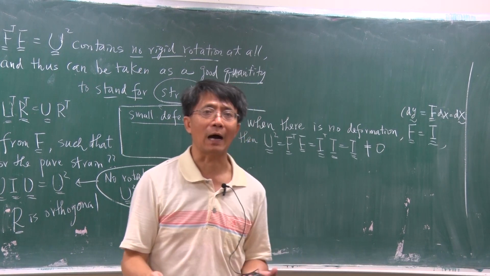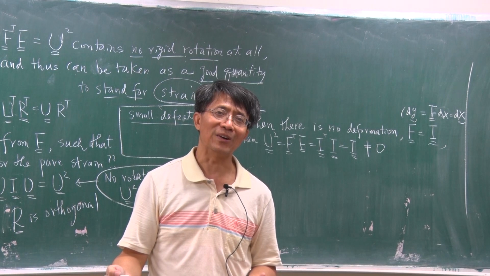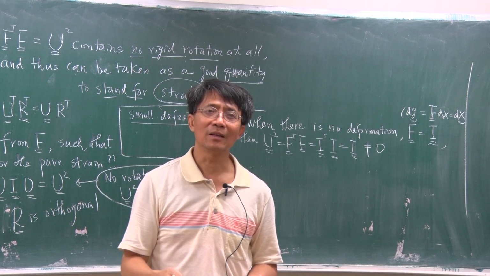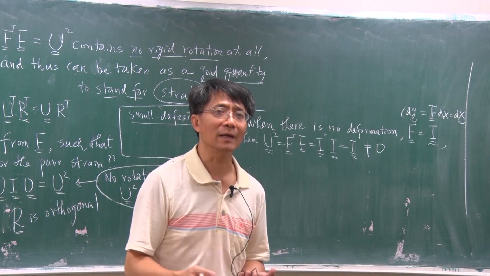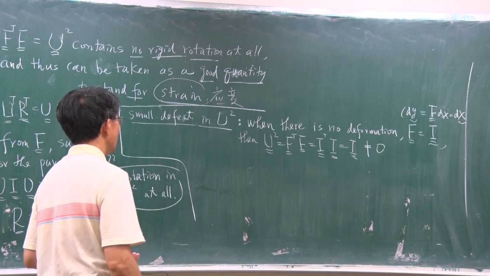We just define our strain by U squared minus I. We just delete the identity matrix from U squared, and then we get the exact expression.